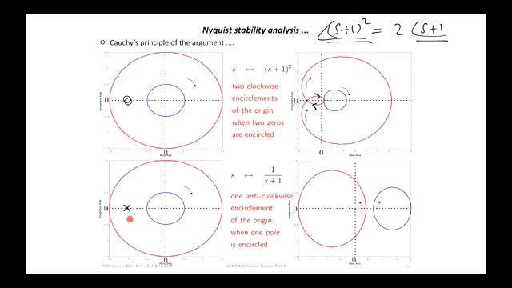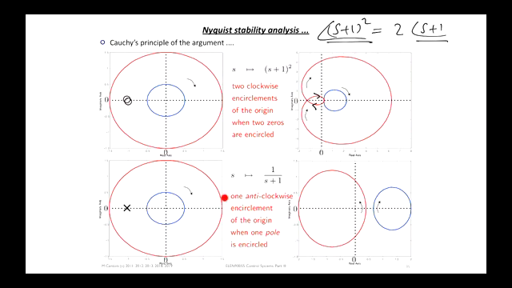Let's consider what happens when we have a pole. Okay, so now the rational function is this, 1 on s plus 1. So as we map points along this contour, as we traverse it in a clockwise direction, under this rational function, we get a new set of points, such that you end up with a curve.